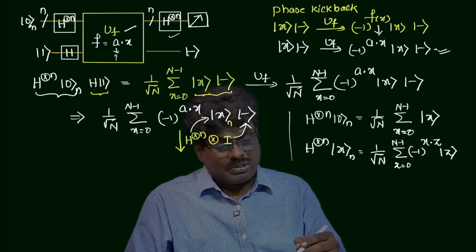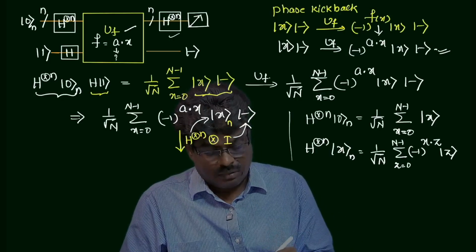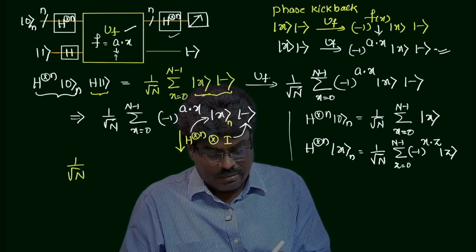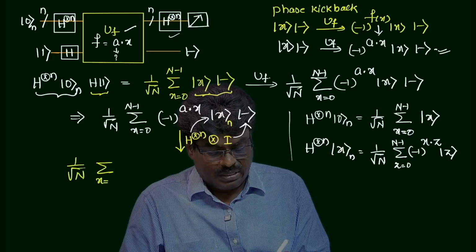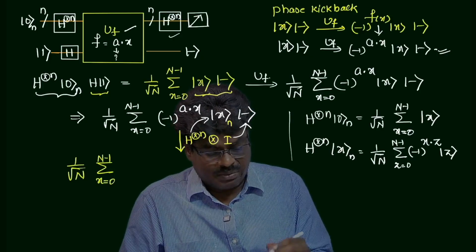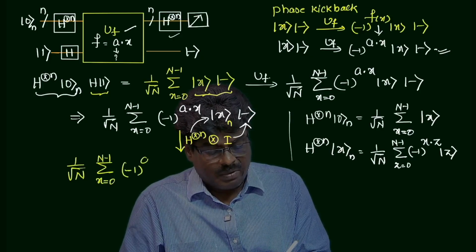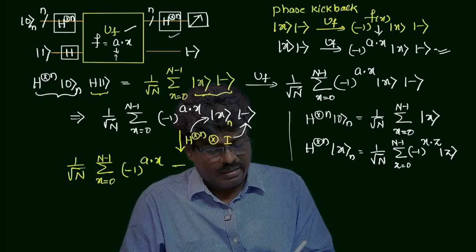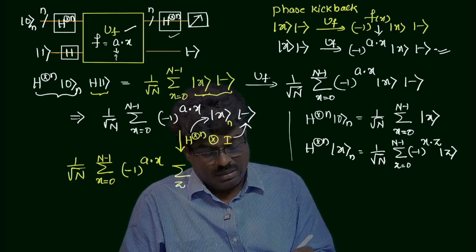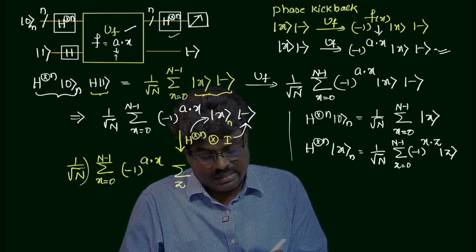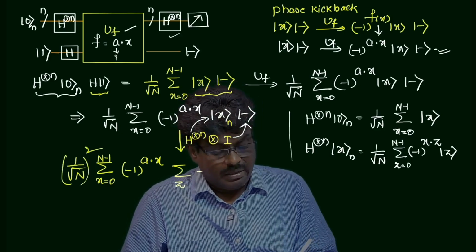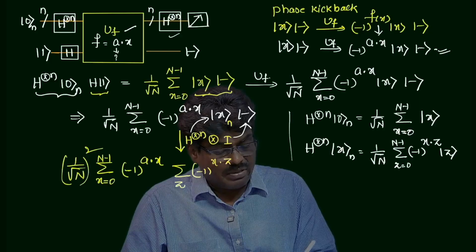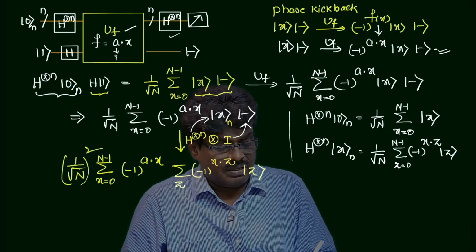Now take it and substitute. So this is a 1 over root N summation x equal to 0 to N minus 1, (-1) to the power a dot x, and here summation over z, one more 1 over root N is there, I am just writing outside, (-1) to the power x dot z, and z.